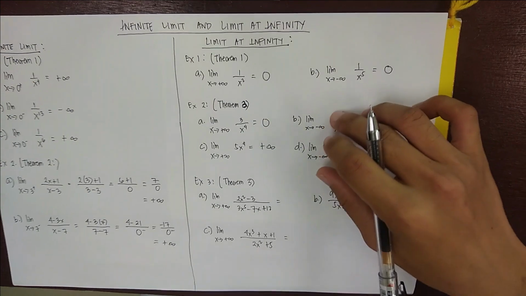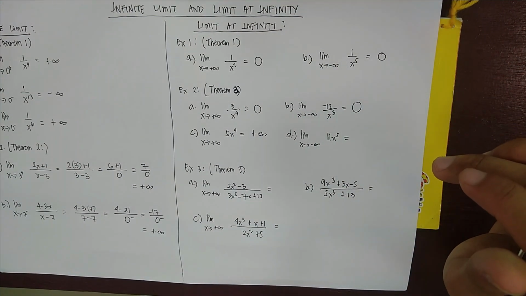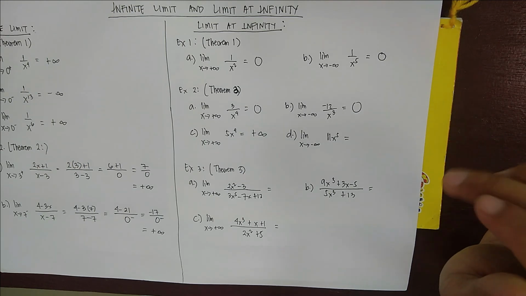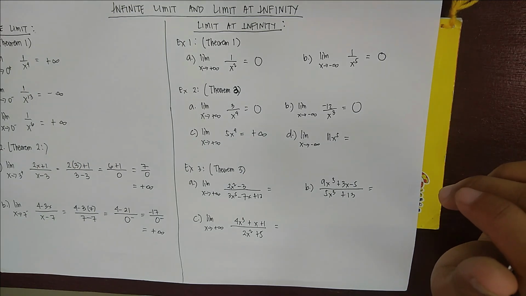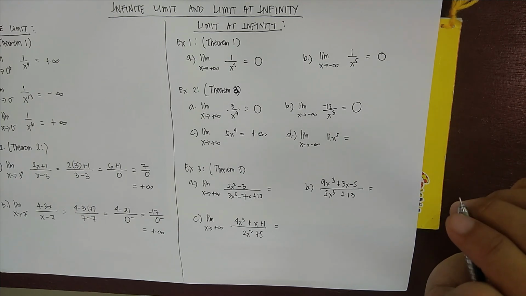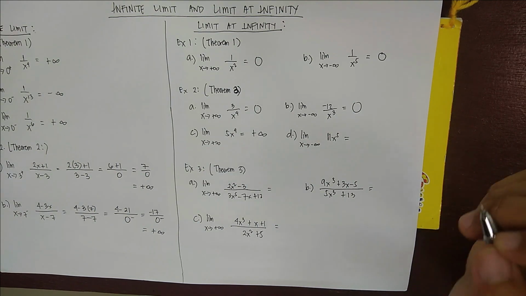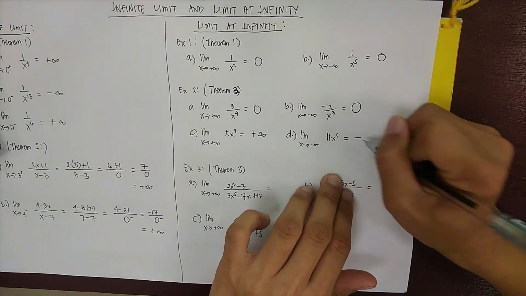Now let's apply the theorem. The limit of 11x to the power of 5 as x approaches negative infinity. Our k is greater than 0 but our n is odd, so our answer is yes, negative infinity.